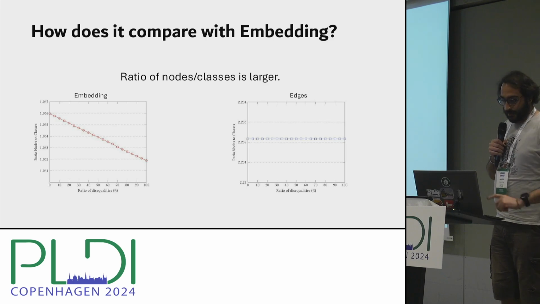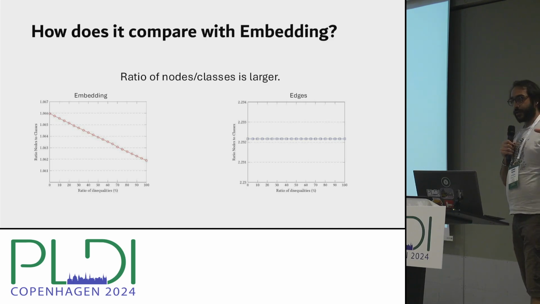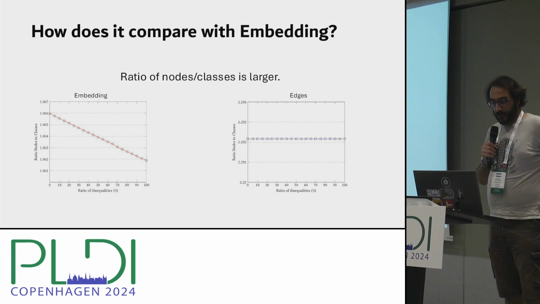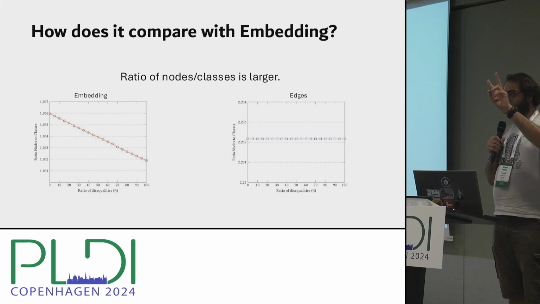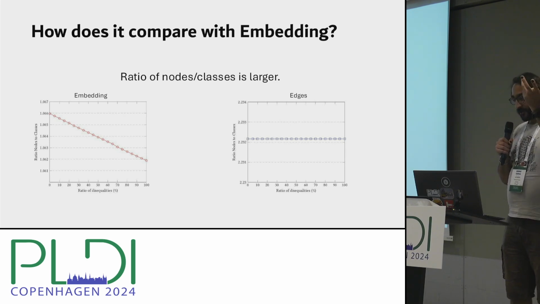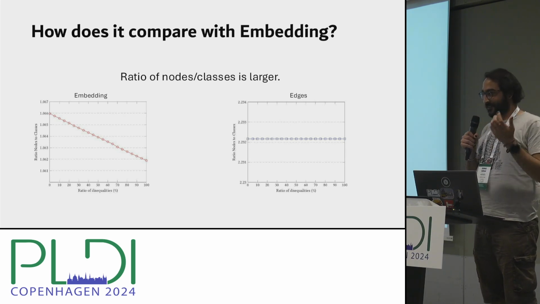On the right, we see that there's actually no degradation at all in the number of nodes and classes. And crucially, we get that on average it's more than 2, which means classes now have 2 things inside of them. So they are asserting equality of things. They are not useless anymore, hopefully.